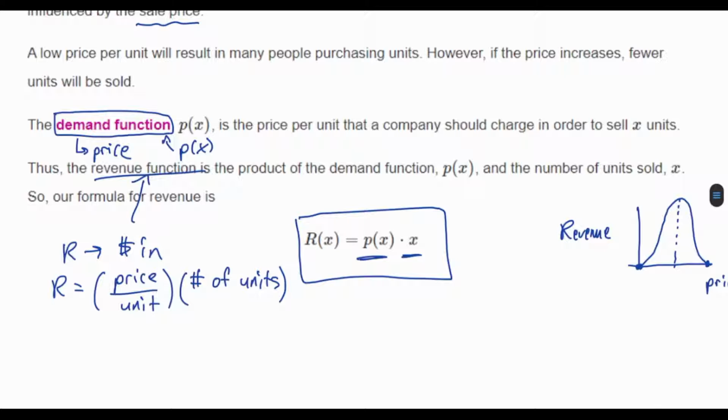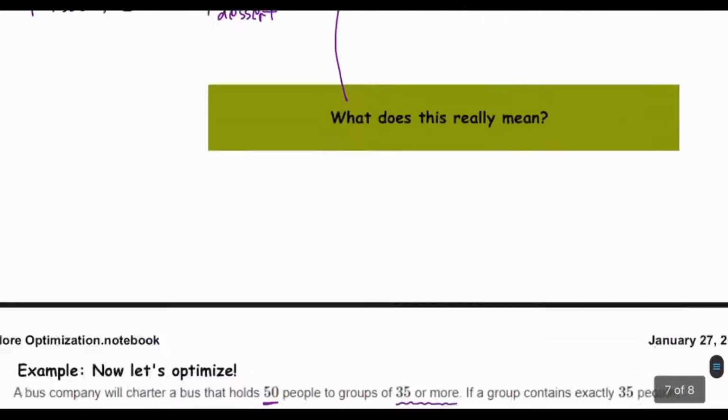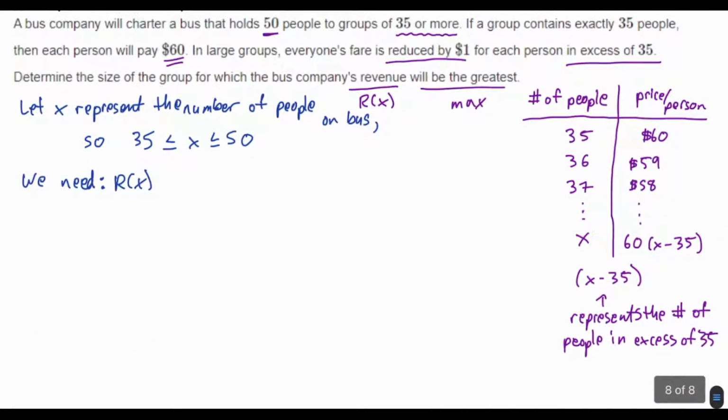Revenue is going to be price per person, or our demand function, times X. So revenue is P of X times X. And do I know how to calculate the price per person? Yes, I do. I found that over here already. Price per person was 60 times X minus 35. So let's put that in, and then X is just X.